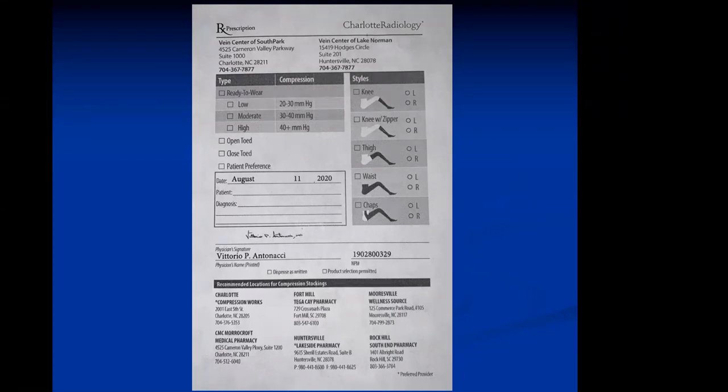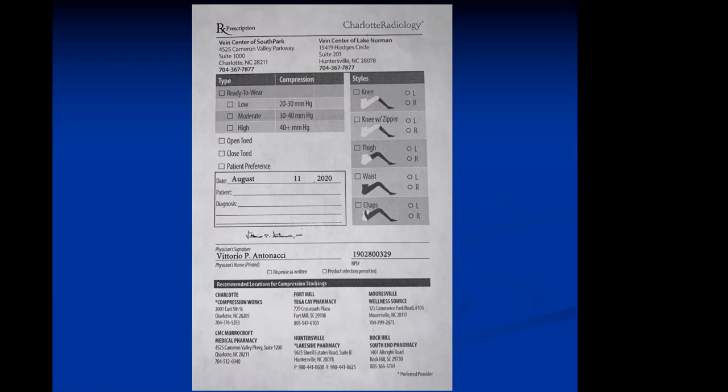That way we get ahead of the game, and they're only waiting maybe 4 to 6 weeks before we complete their therapy, as opposed to waiting to get into our office and having the prescriptions written. While the literature supports using more moderate and higher strength depending on the severity of the disease, I found that 70% of my patients won't tolerate the 30 to 40 millimeter strength.